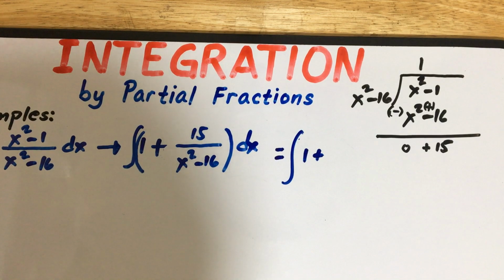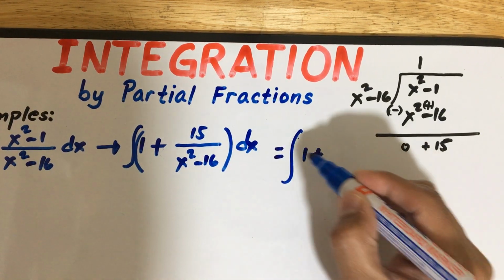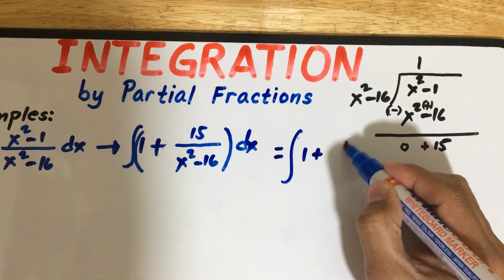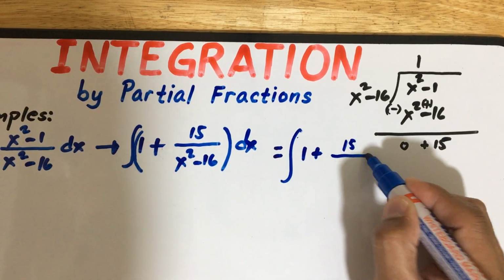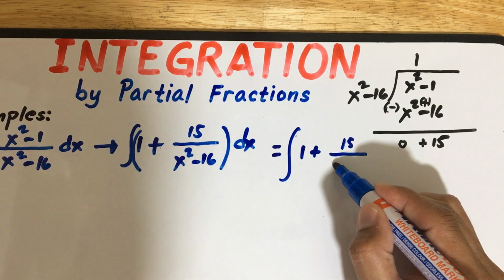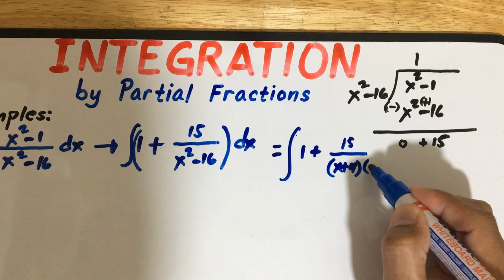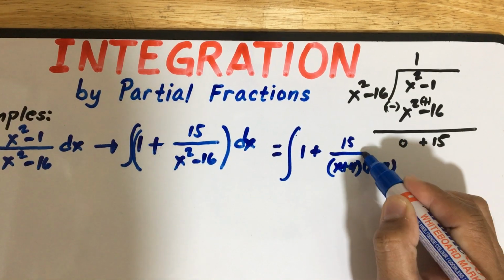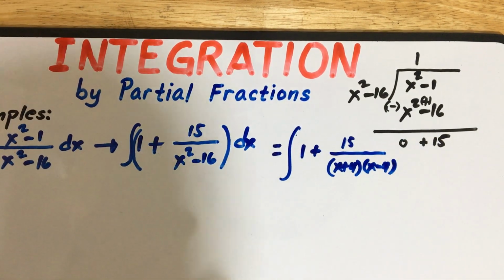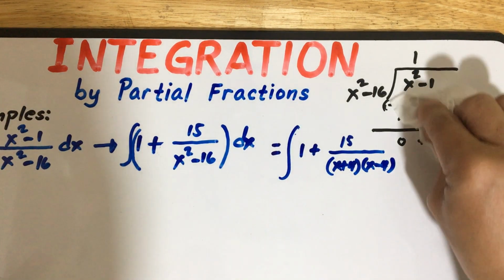So this is the integral of 1 plus 15 divided by, the factors in the denominator are x plus 4 and x minus 4, okay? Then multiplied by dx.